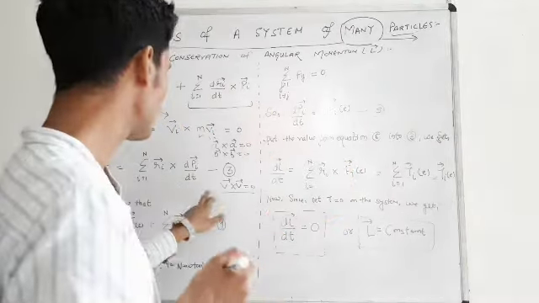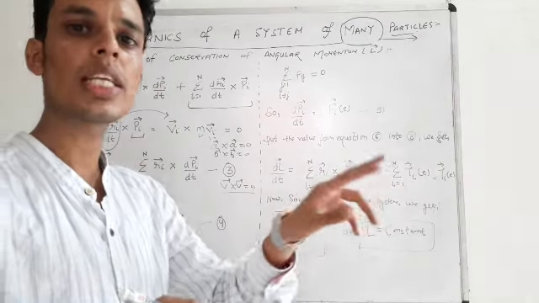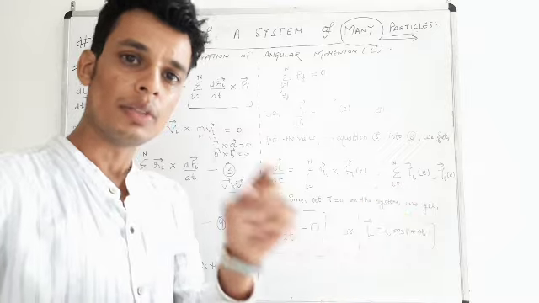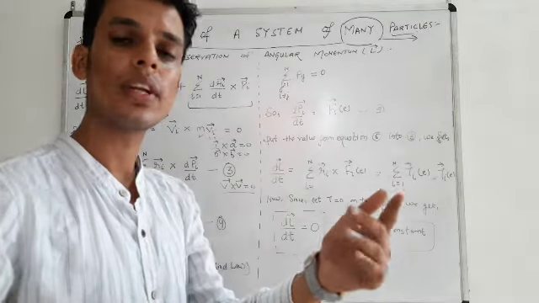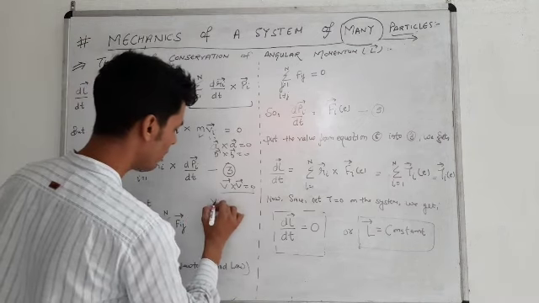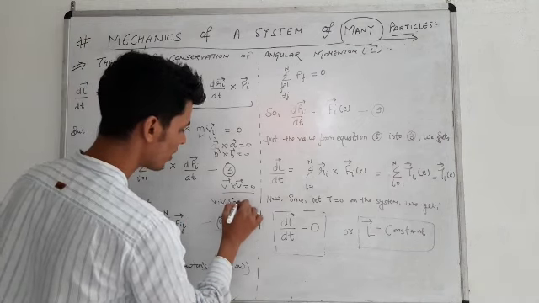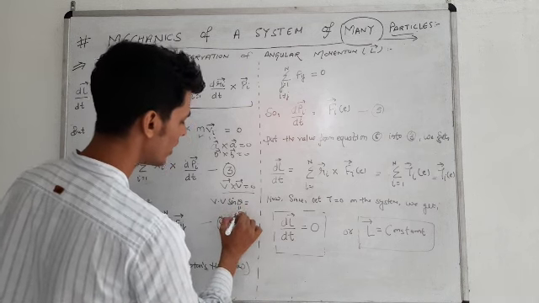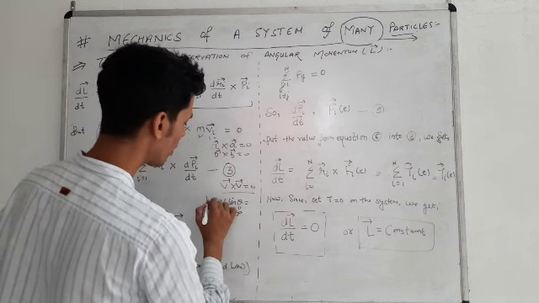Since v cross v is v dot v sin theta, and when we put theta equal to 0, sin theta is 0, so the whole term will be 0.